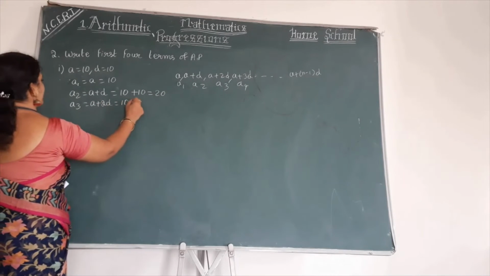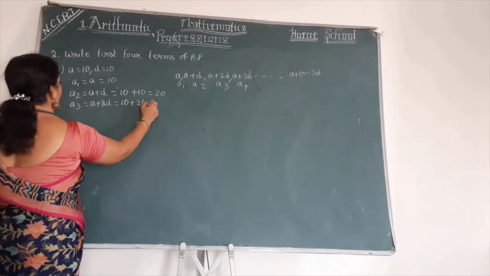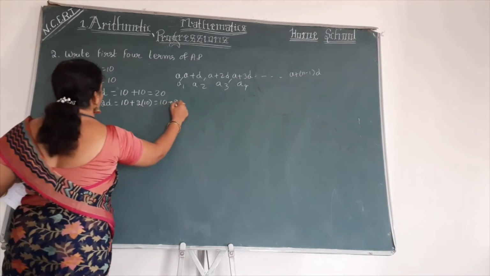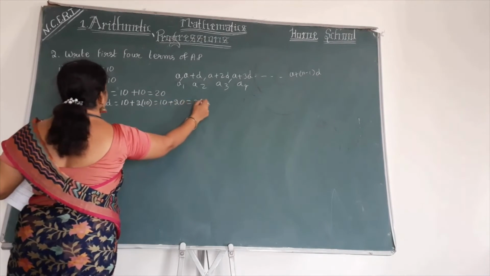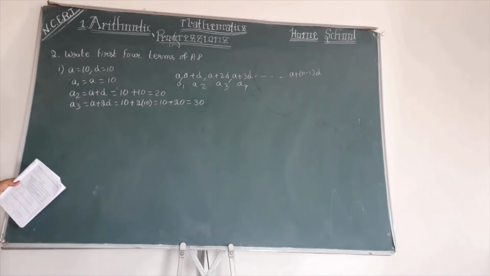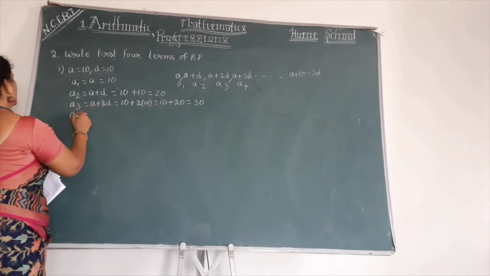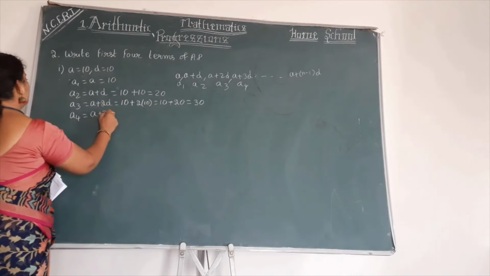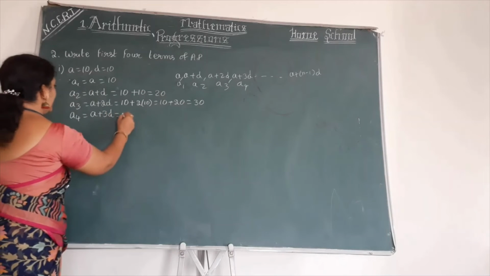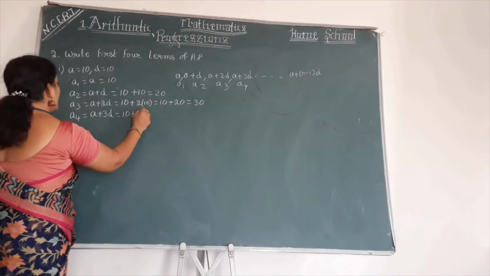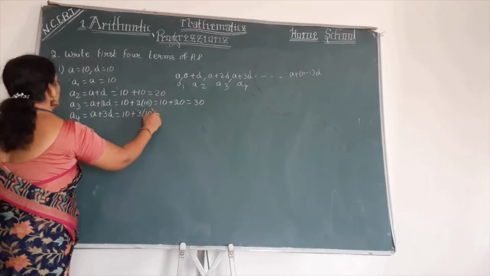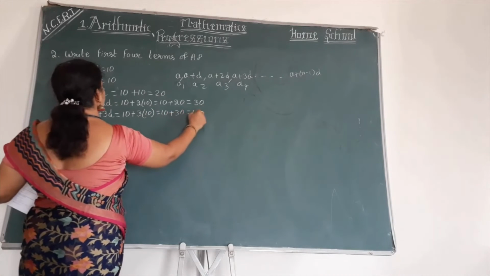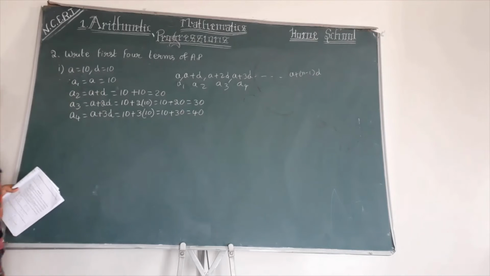A value is 10 plus 2 into 10. That is 10 plus 2 tens are 20, 20 plus 10 will be 30. And your fourth term, what is the general form? A plus 3D. A value is 10 and substitute D value. 10 plus 3 tens are 30, 30 plus 10 will be 40.